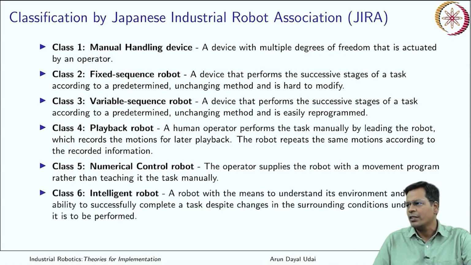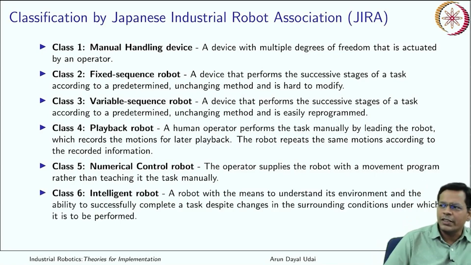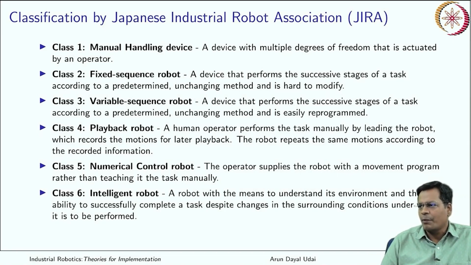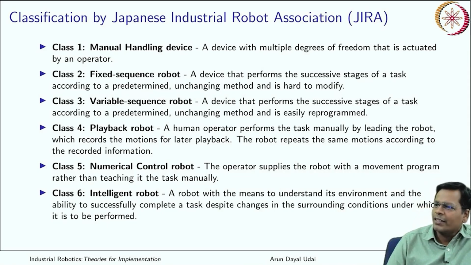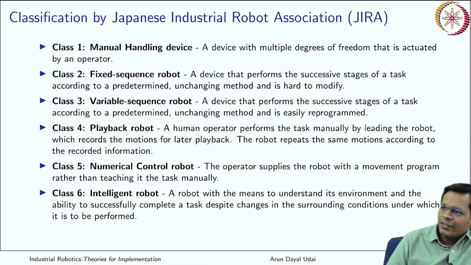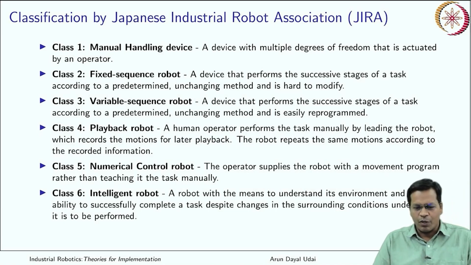And the sixth one is actually the most intelligent one. This is the robot with the means to understand its environment and the ability to successfully complete a task despite changes in the surrounding conditions under which it is to be performed.